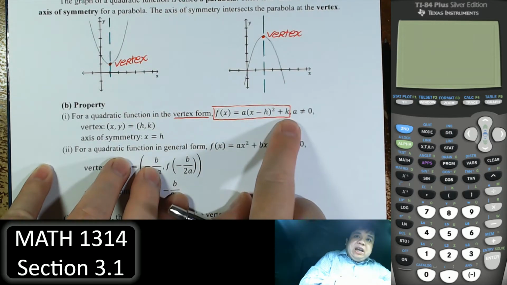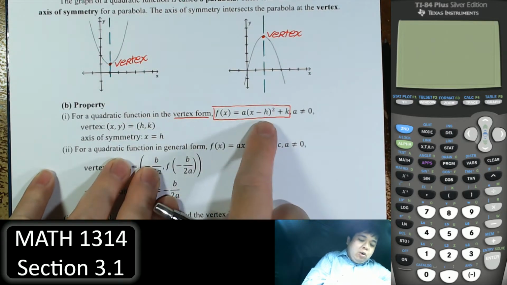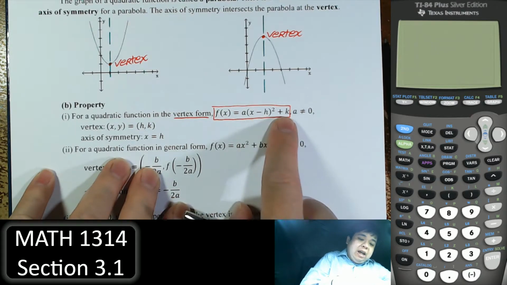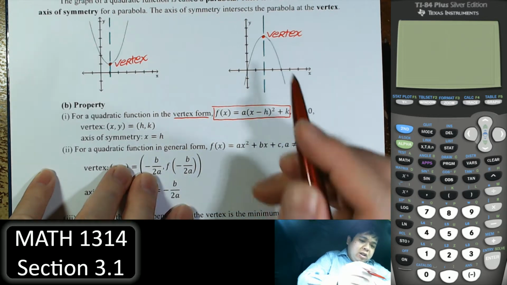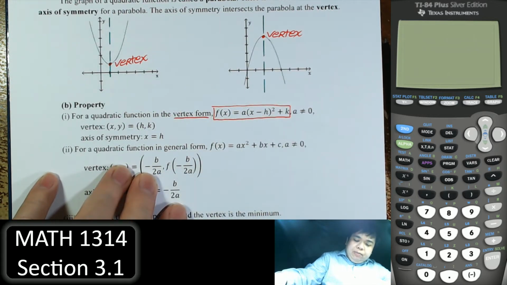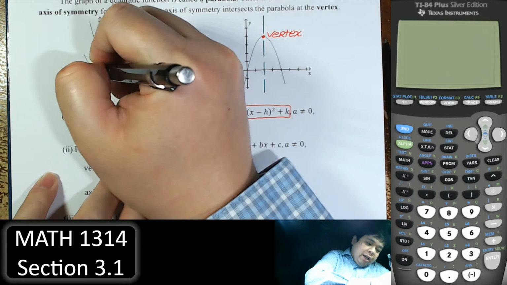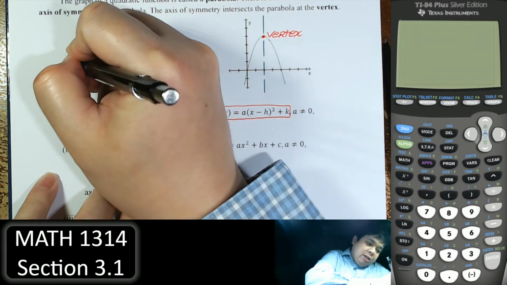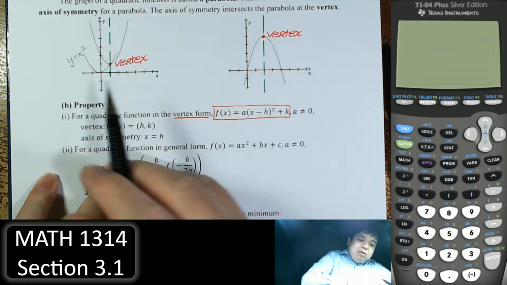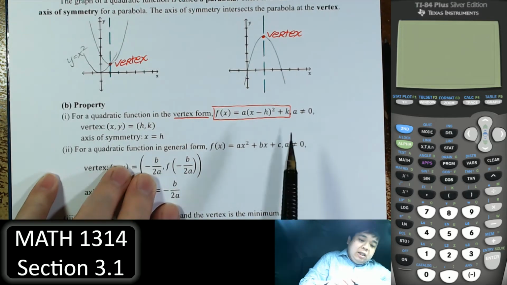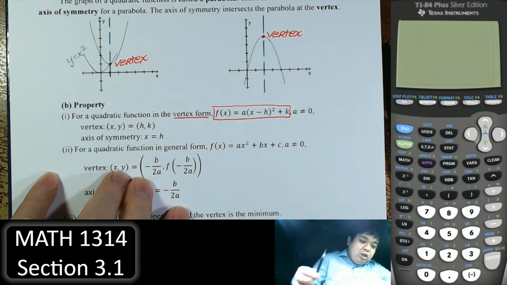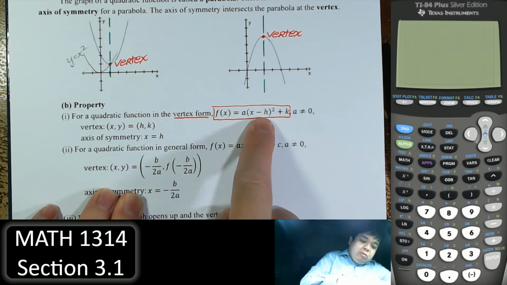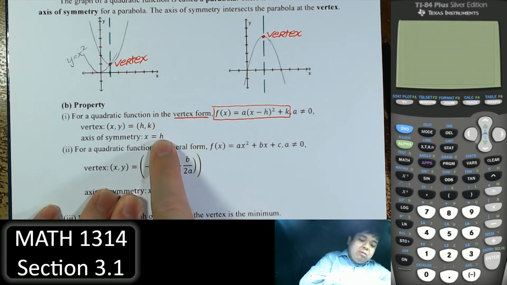The h and k here are just a translation: it goes h units to the right and k units up, assuming h and k are both positive. So the vertex, originally at the origin for x squared, moves to (h, k).